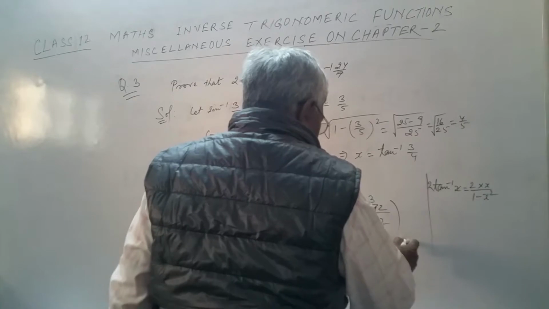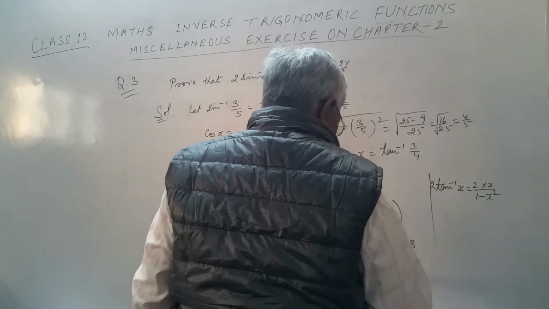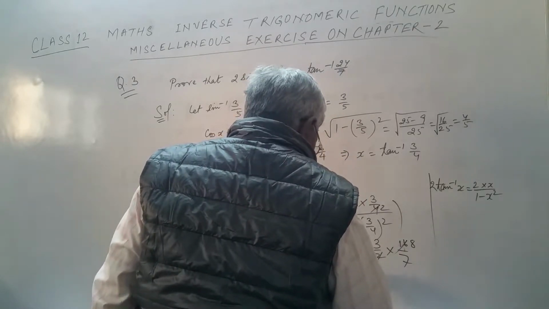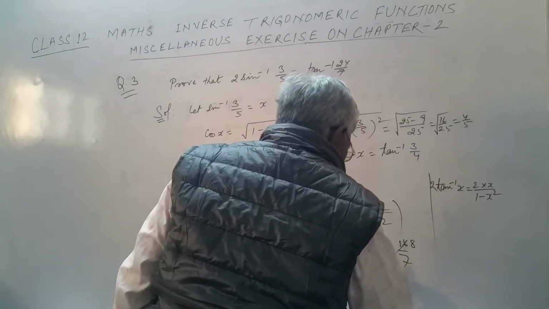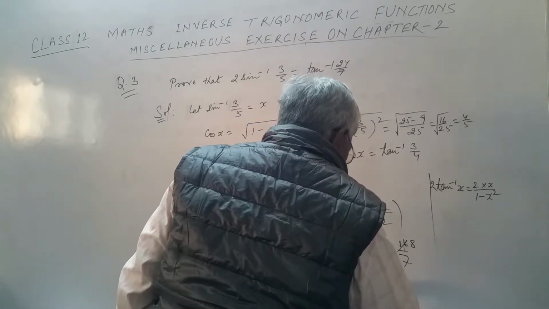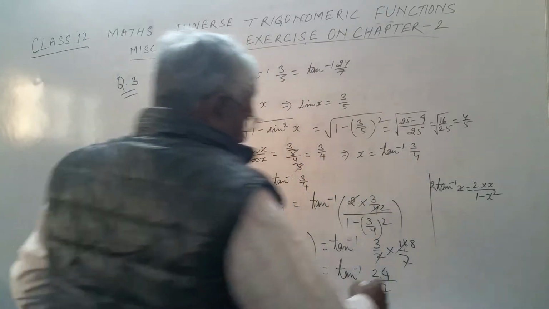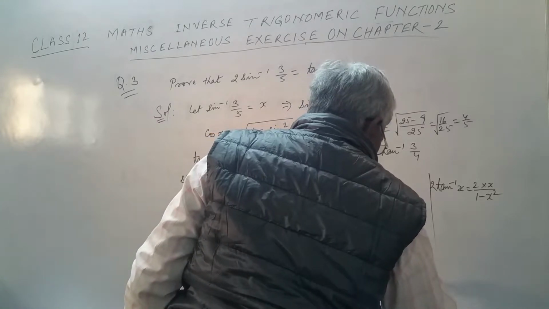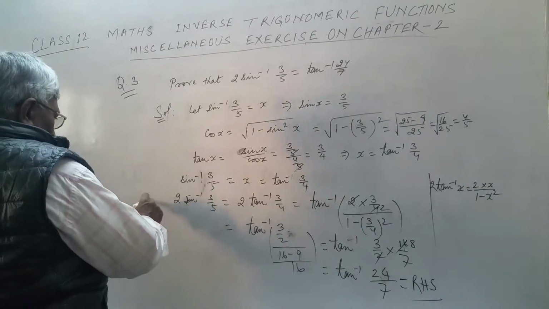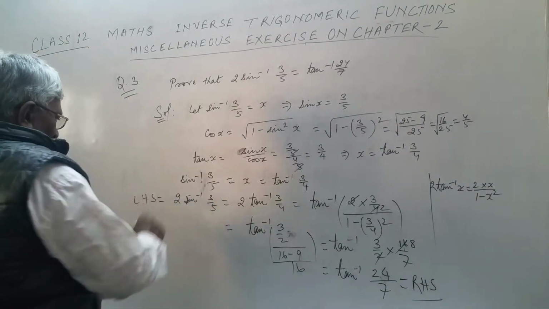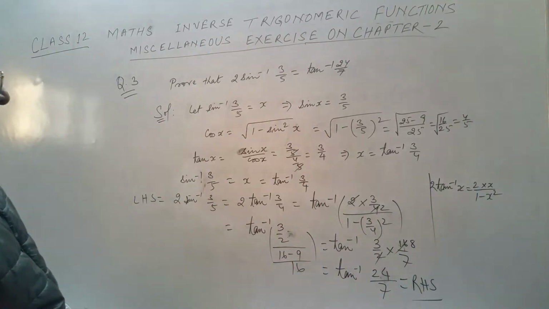Then all will be cancelled like this, so it will be 24 upon 7. Then it gives the result tan inverse 24 upon 7. That is, we are getting the result of RHS. Then we have got LHS is equal to RHS. We have got the result.